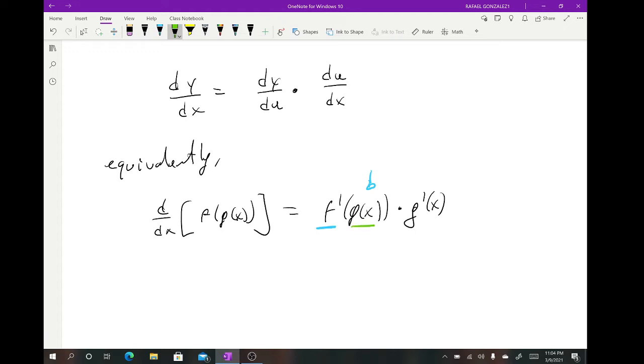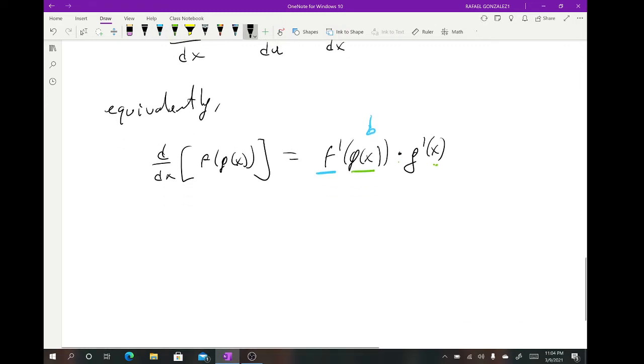In this case, the inner function is g of x, and then we will multiply that by the derivative of the inner function.